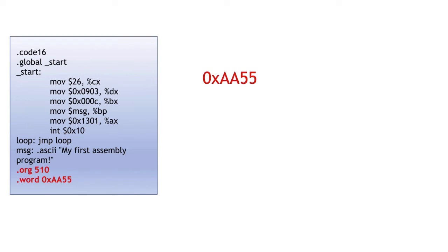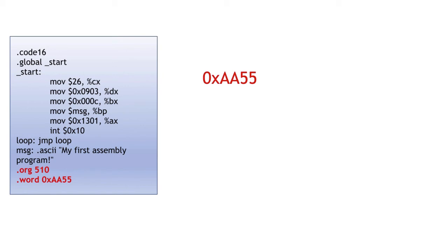Actually, these two numbers are magic numbers. Remember we mentioned that after the POST or power-on self-test stage, the BIOS would be searching for a bootable device. When the BIOS program starts searching any bootable disk, it examines the first 512 bytes of the disk.